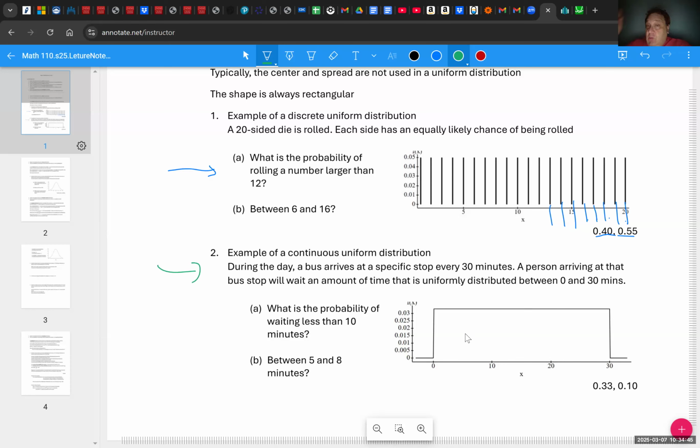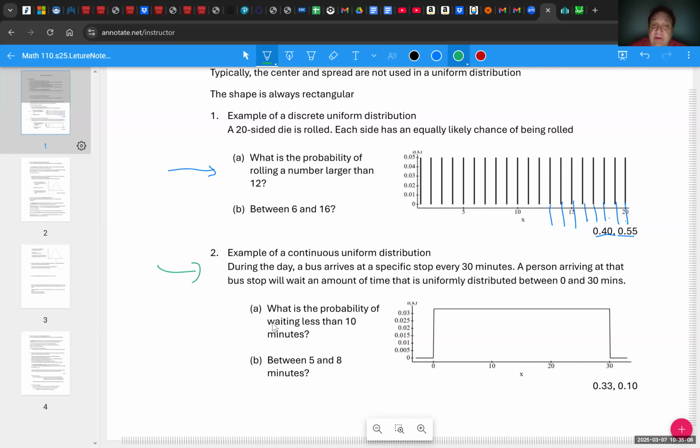And so there are no more single lines, but it's still got the same rectangular shape. Waiting 0 minutes has a probability up here all the way to waiting 30 minutes, the same probability. The height here is about 0.33, and that's just the probability of any time in the 30-minute interval.